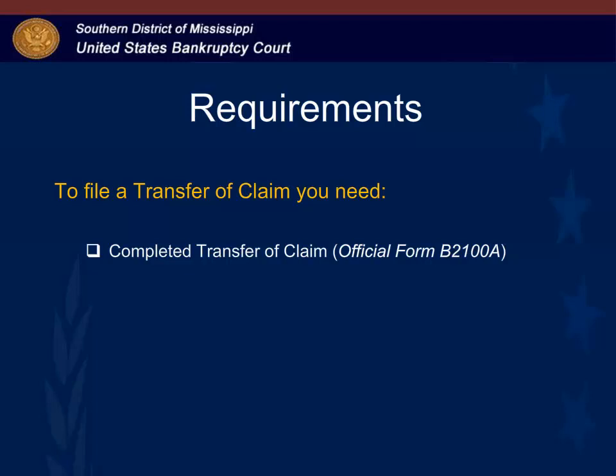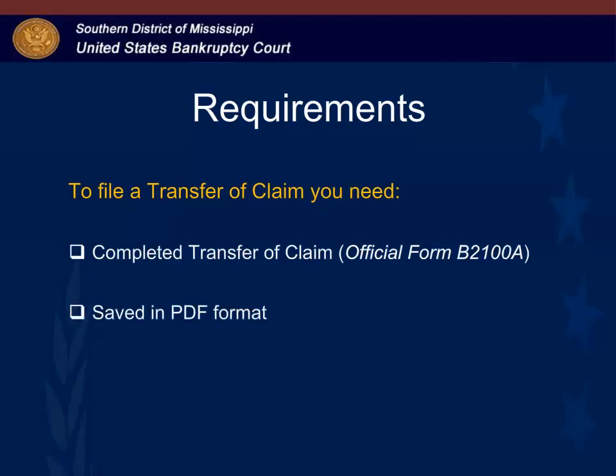If, however, only the buyer or the buyer's agent signs, a notice of transfer should not be included, as the clerk's office will prepare and issue the appropriate notice. Once the transfer statement or form is completed and signed, along with a waiver of notice, if applicable, it should be saved as one PDF file.